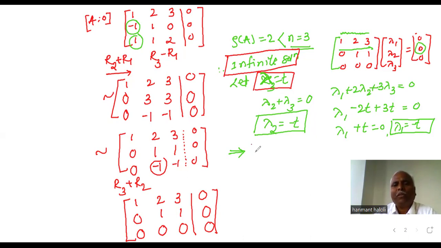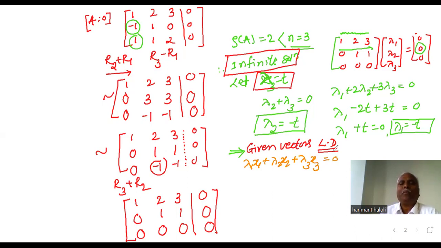Therefore, given vectors are linearly dependent, and they ask you the relation between them. Now we have the equation lambda 1 x1 plus lambda 2 x2 plus lambda 3 x3 equal to 0. Now here put lambda values in this equation.